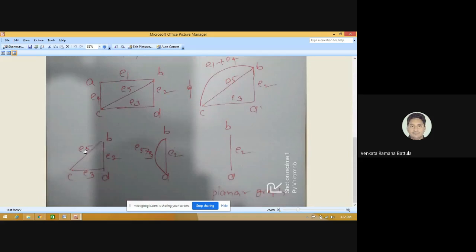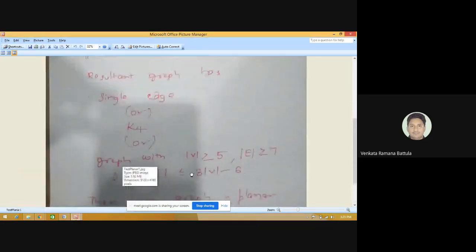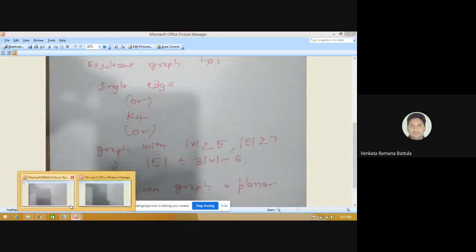So E5 plus E3. After this, if you remove the parallel edge, we will get a single edge. If it is a single edge, we can immediately say that the given graph is planar. That's what I discussed: if it is a single edge or K4 or E is less than or equal to 3V minus 6. So it is a single edge, and immediately we can say that the given graph is planar.